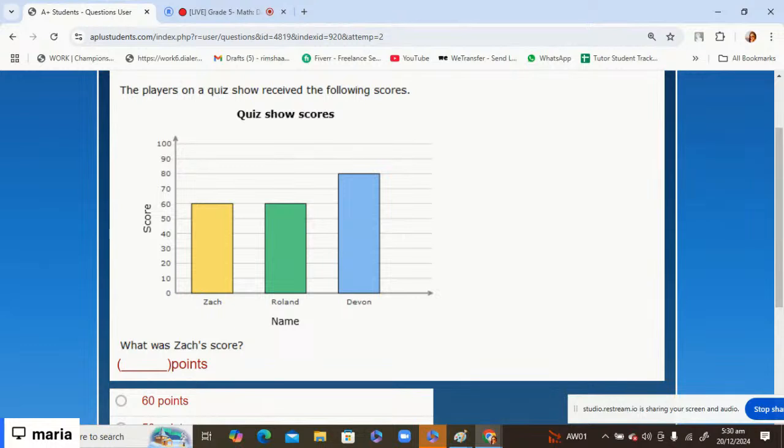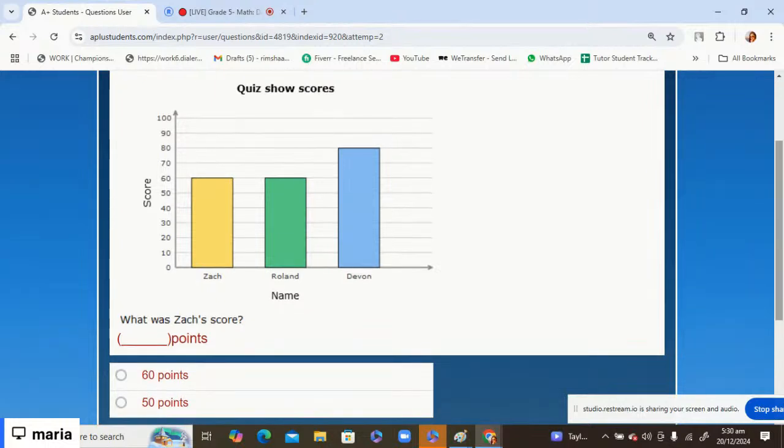Tell me in the chat, everyone. How many points for Zach? Is it 50 points or 60 points? Check out Zach's data. So it's 60 points, okay?